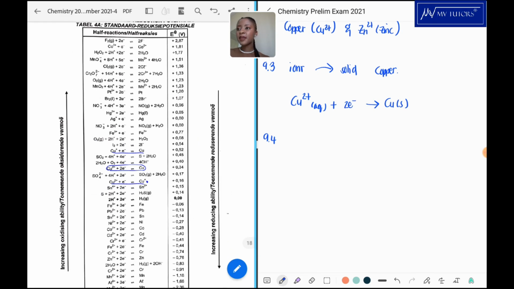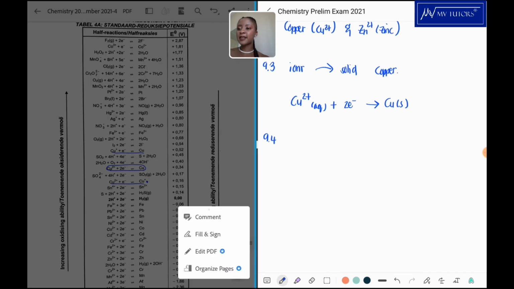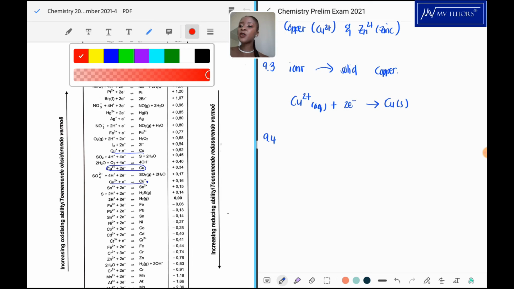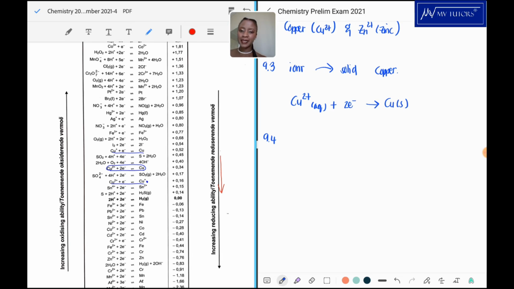If you look on the right-hand side, it is increasing reducing ability.